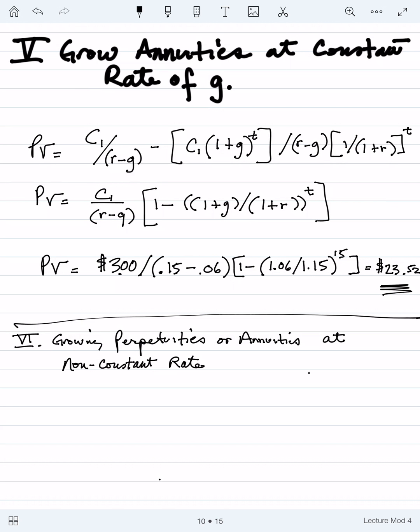Say this is an investment opportunity, and it just paid out $3.